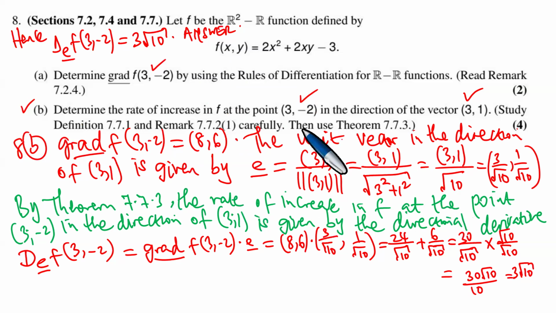So the rate of increase in f in the direction of the vector 3, 1 is, using the directional derivative of the function f in the direction of the unit vector e, 3 times the square root of 10. Therefore, we've been able to get the rate of increase in f at the point 3 and minus 2.